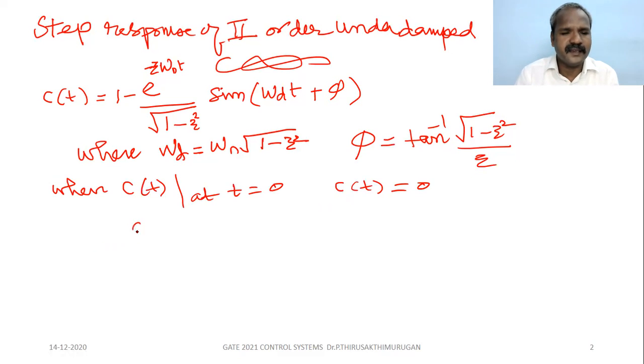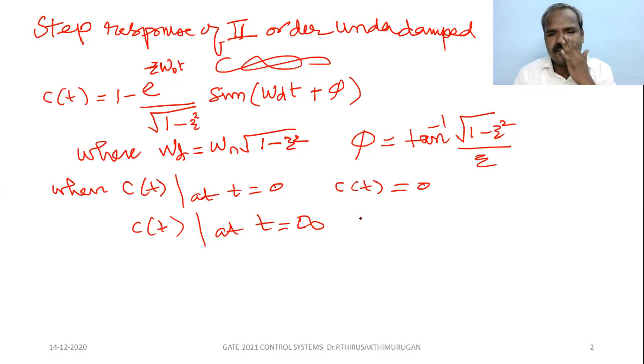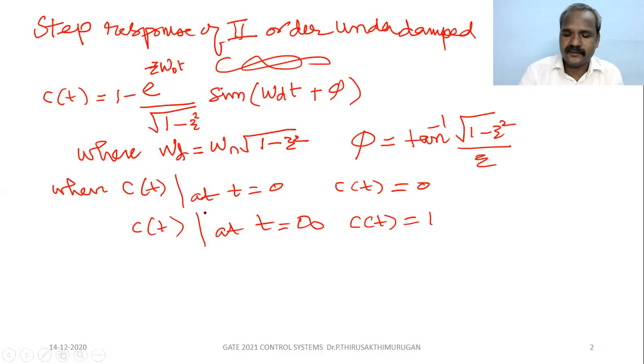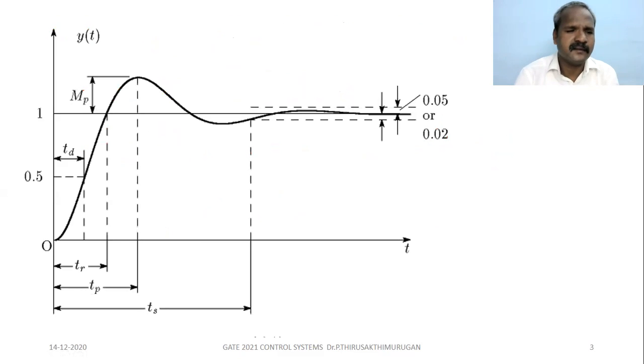Then at t equal to infinity, C of t equal to 1. So the step response of the second order underdamped system will be like this. This is when t equal to 0, and this is the value when t equal to infinity.